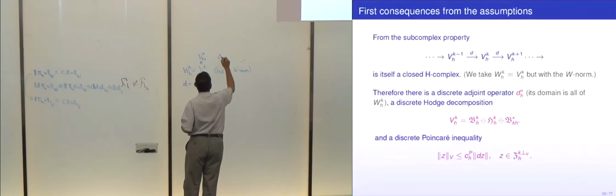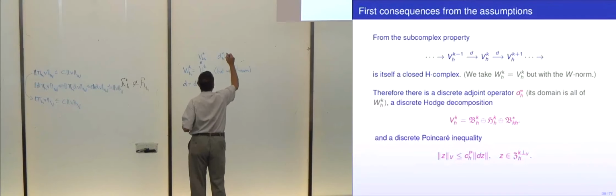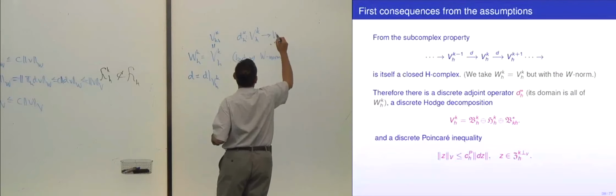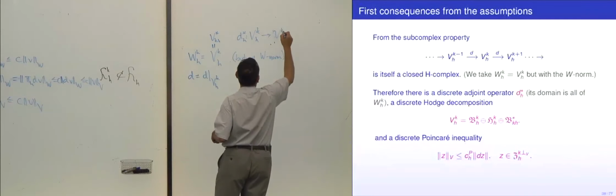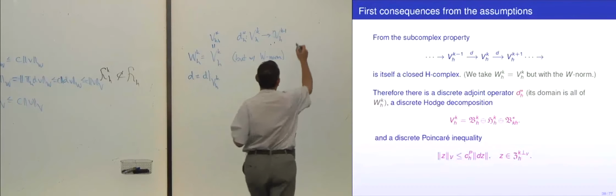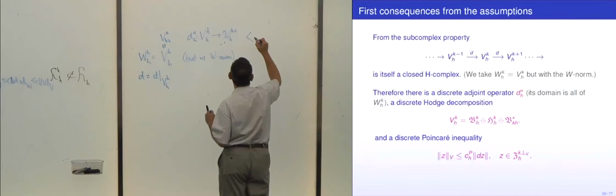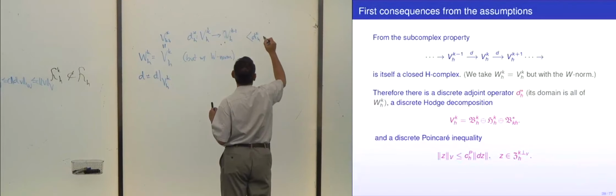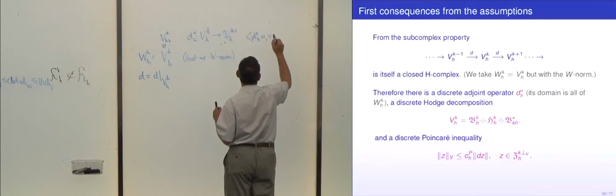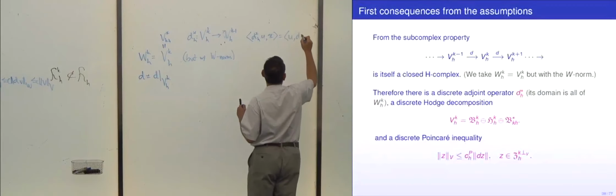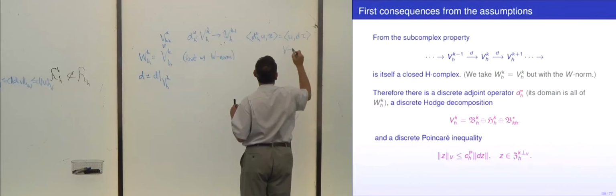And we have D*_h, which goes from that space to the previous space. And it's defined just by this relationship: (D*_h u, tau) is equal to (u, D tau) for all tau in the subspace.